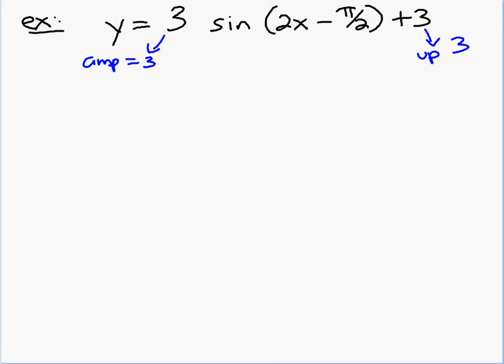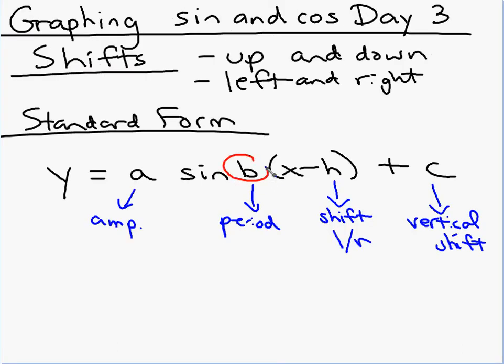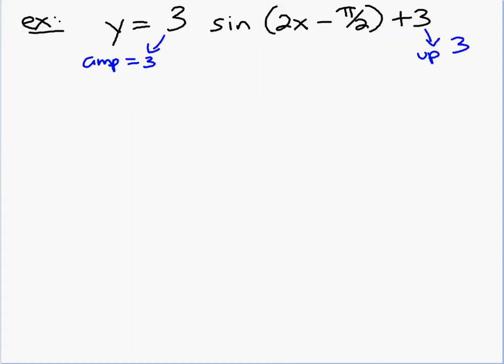So, if we go back, you see that this b is outside parentheses. If I look at my problem here, this 2 is inside, which means I need to factor it out. And this is the part that sometimes people struggle with. So let's factor this 2 out. This is going to become 2 times x minus pi fourths. Now let's think about why that's the way it works.